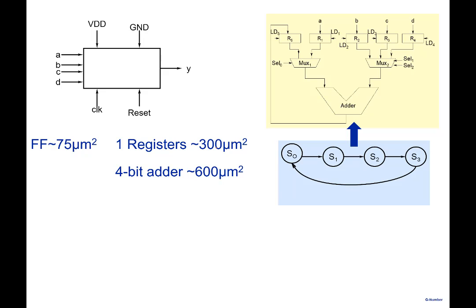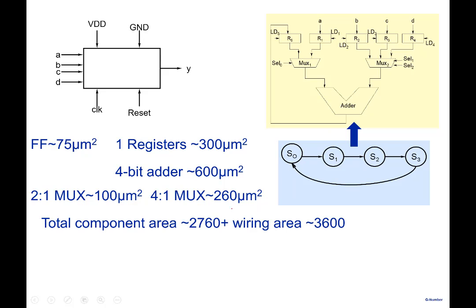For the 4-bit adder, similarly, I go into that library, the 1-bit adder area is given, and I simply multiply it by 4. So the 4-bit adder is 600 micron square. There is a 2:1 mux here, about 100 micron square. A 4:1 mux we also require here, so it's 260 micron square. So we add them up.